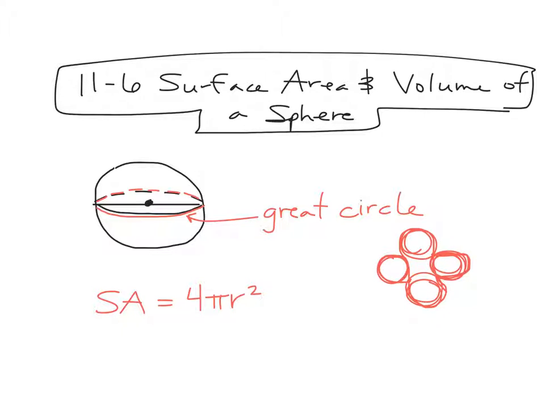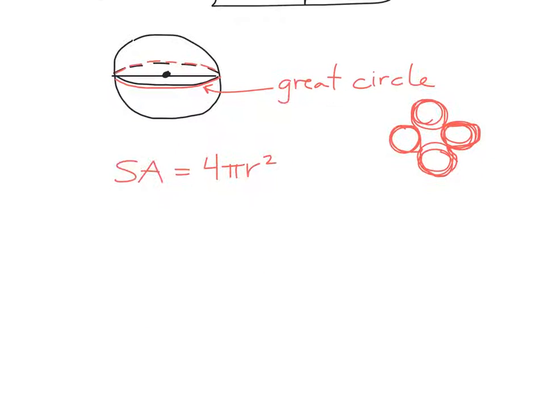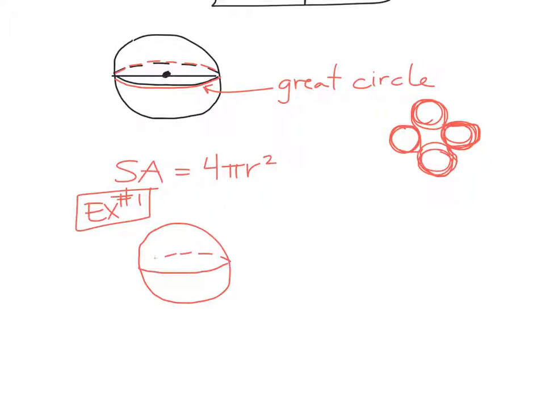So if I gave you this sphere, this will be our example 1. Here's our sphere with a diameter of 8 meters, and I say, find the surface area.